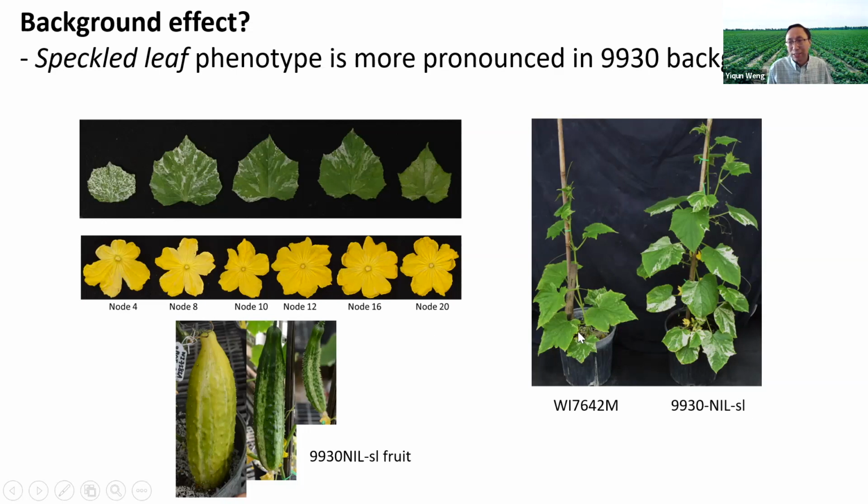But in this new background, even at 10, 15, 20 true leaves, you can still see them, even on the flowers and the fruit skin. You can see those whitish stripes. So this gene's expression is probably affected by the background.